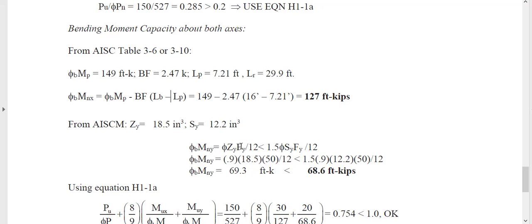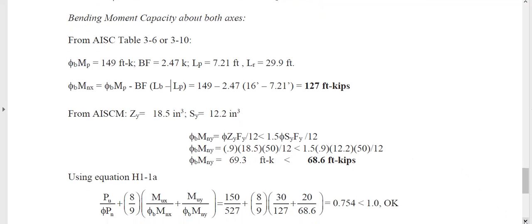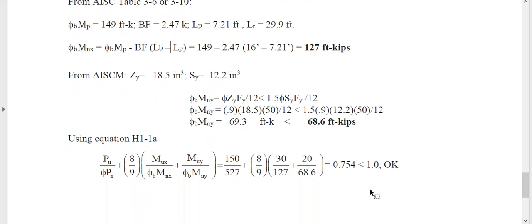Okay, let me check one more time. Zy is in inch. Oh, maybe they converted from inch to feet, because this will be in kip-inch, divided by 12, it will be kip-feet. So this is why they used 12. Okay, we found the capacity, then choose our equation, insert it and find it.